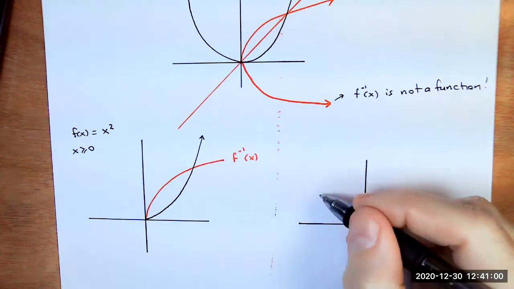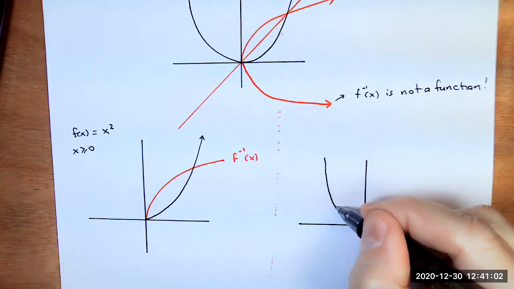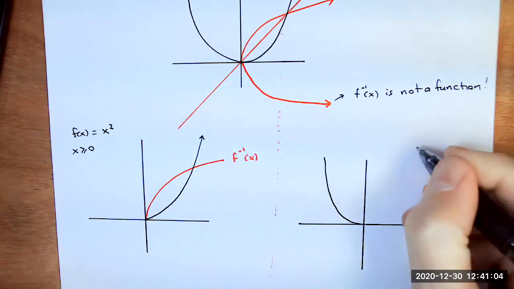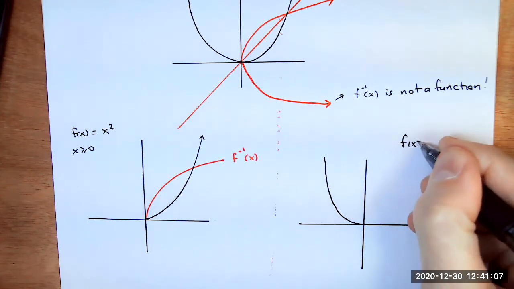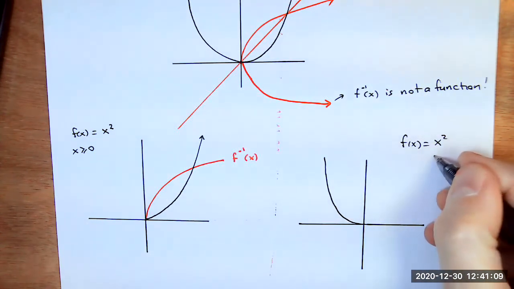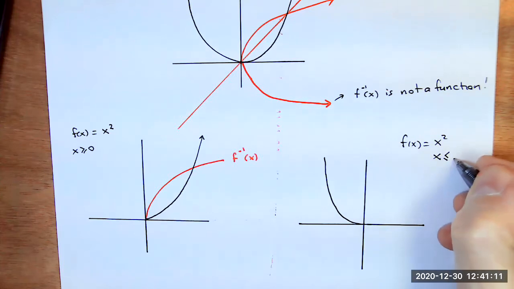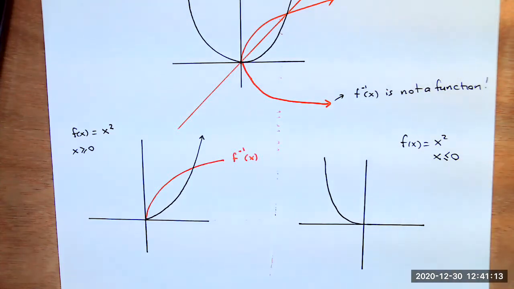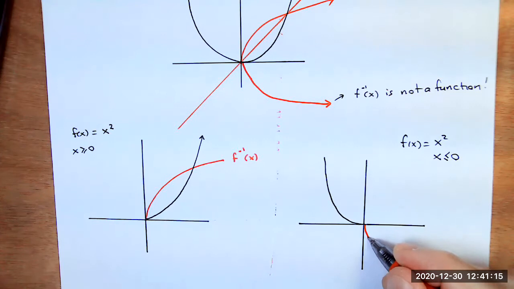You could also restrict the domain to x negative. And then the inverse will also be a function.